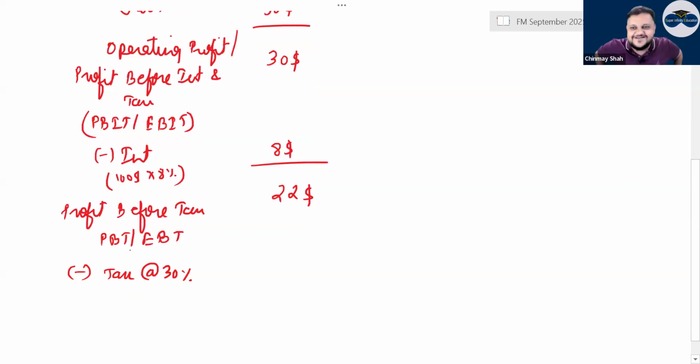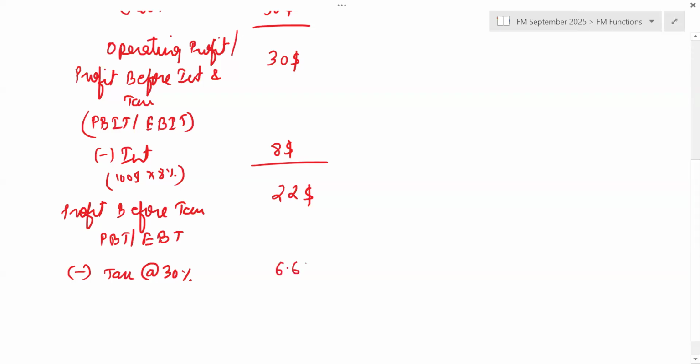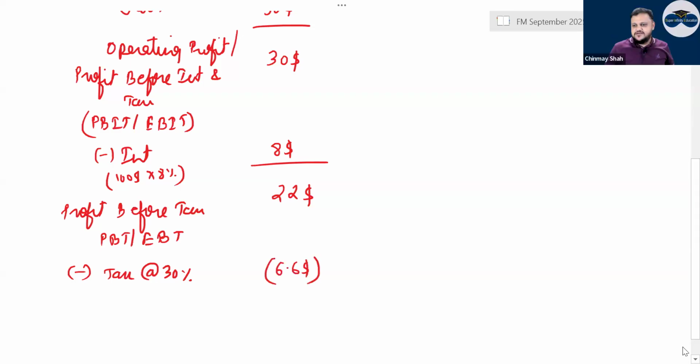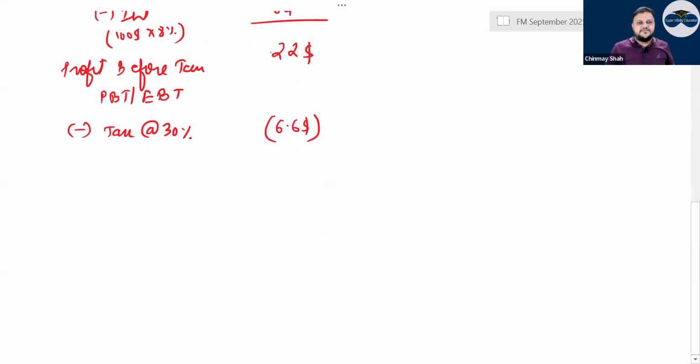You can say anything that is there in this world. If you send an Indian income tax official, he can tax that thing in GST or any other taxation. You have to pay 30% tax. How much? $6.6. So it is 30% of this 22, so $22 into 30%.